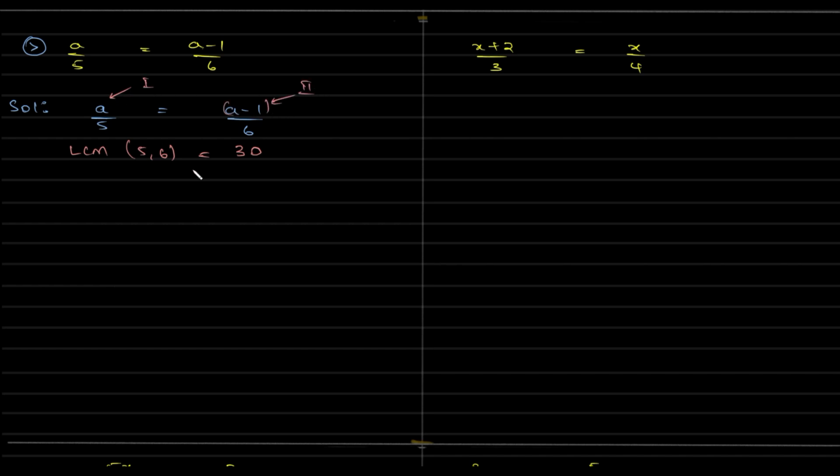We need to multiply both the terms with 30. So we have 30 into a by 5 is equal to 30 into a minus 1 by 6. Got it? All I did was multiply both sides with 30. So what next? Well, cancel.